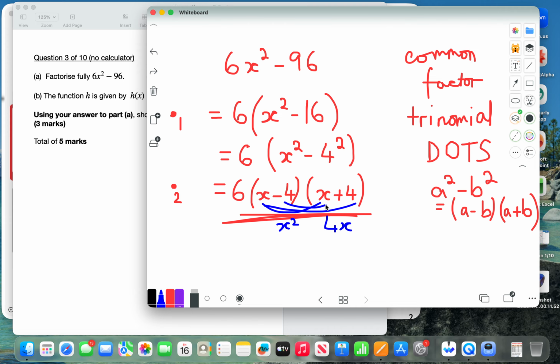That is minus 4x. And you get minus 4 times 4 is minus 16. You can cancel out the terms in x. We get x squared minus 16. Multiply by 6 and we get 6x squared minus 96.